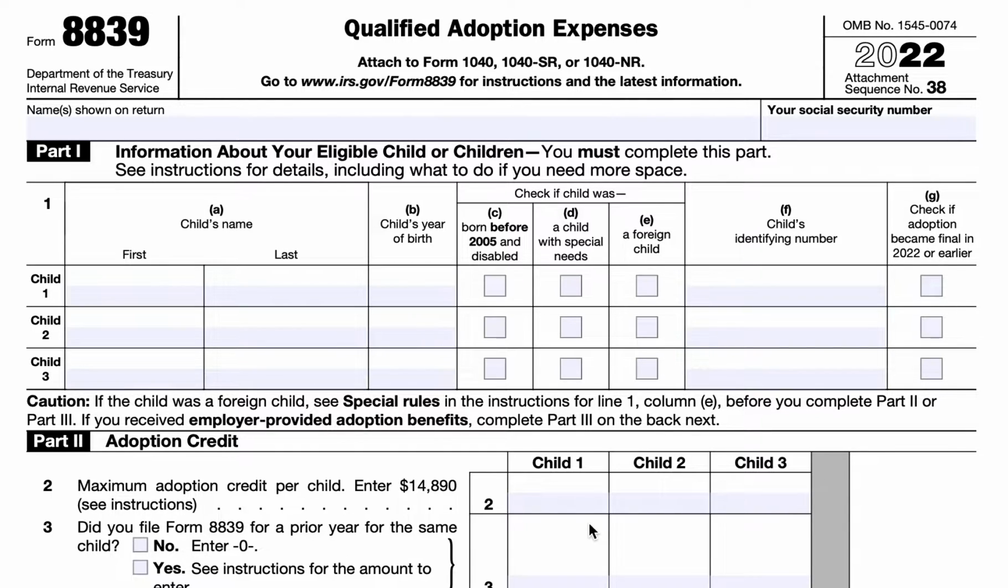Or 3, you received employer-provided adoption benefits in connection with the adoption of an eligible child in 2022 or prior years and the adoption became final in 2022, or in 2022 and the adoption became final before 2022.